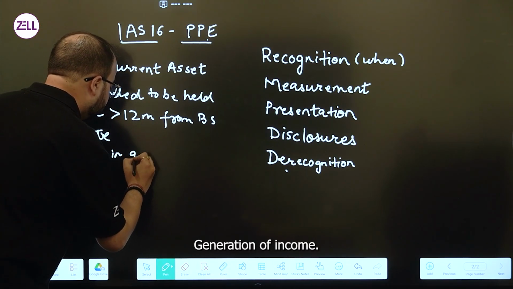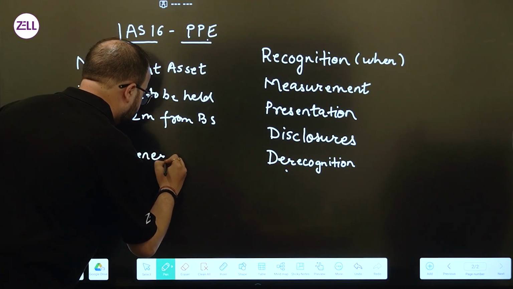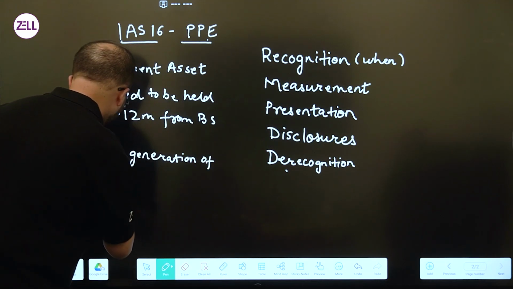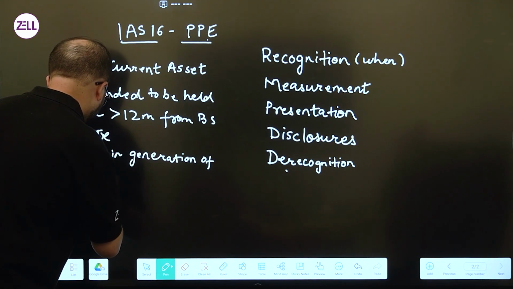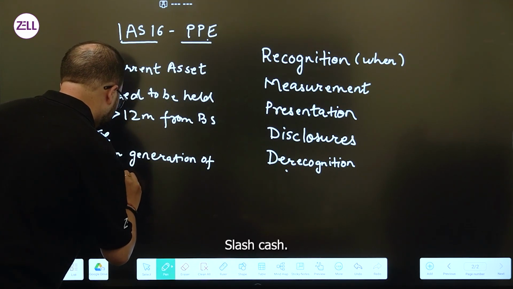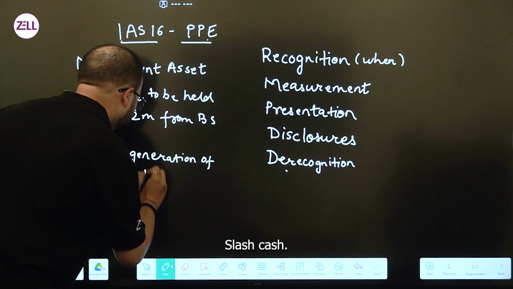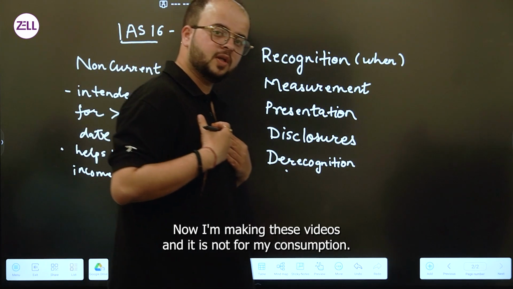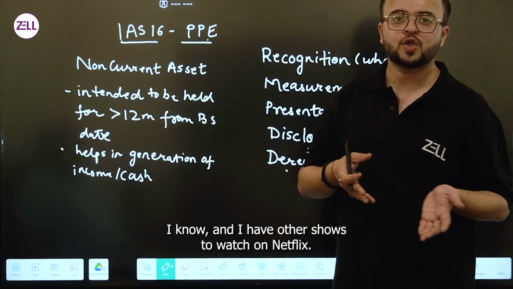It helps in generation of income or cash. Now I'm making these videos and it's not for my consumption. I know, and I have other shows to watch on Netflix.